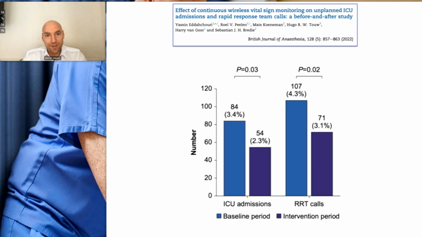For example, in this before and after study, the rate of admissions to an intensive care unit and the rate of rapid response team calls was reduced with continuous monitoring, and this was to a clinically important and also statistically significant degree.